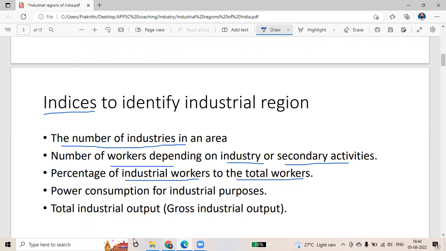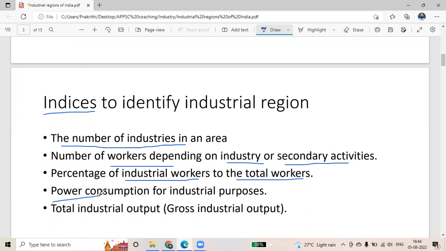Then power consumption of the industry. Just like yesterday's factors influencing location of industries, we said about power. Industries are located near the power area, where they can produce electricity and consume electricity, they will concentrate in that area.